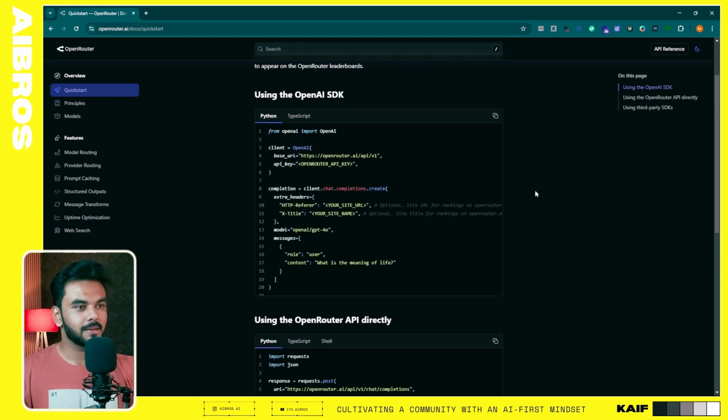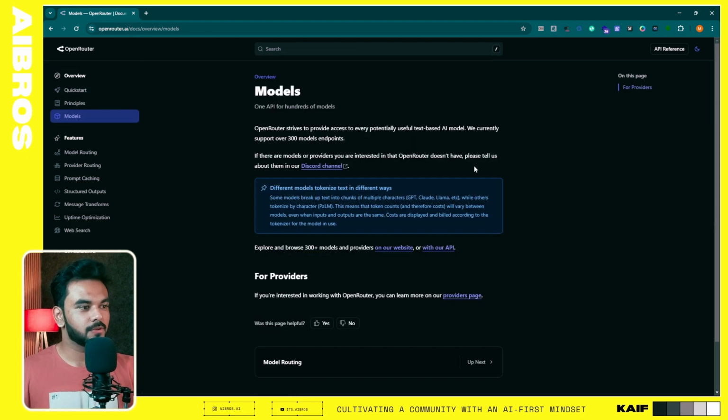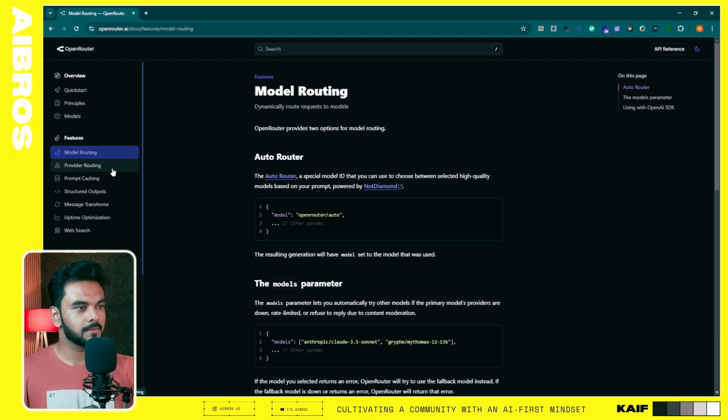It's pretty much copy pasting if you are very new to programming, and if you are intermediate, or you know how to code well, this is just a piece of cake for you. It has given you the models. I think, yeah, explore and browse 300 plus models and providers on our website. I think we saw that already.